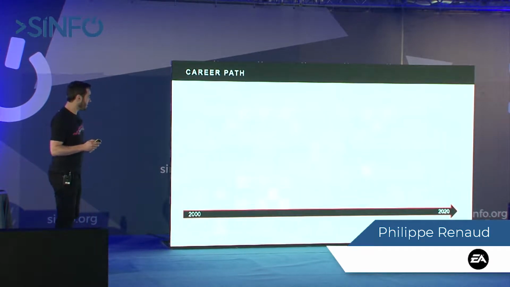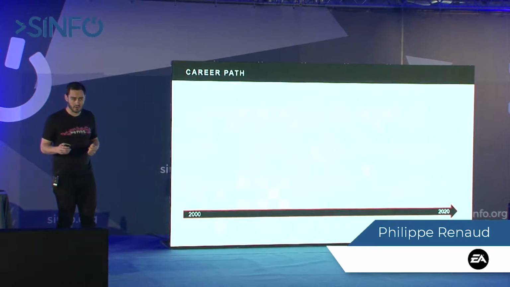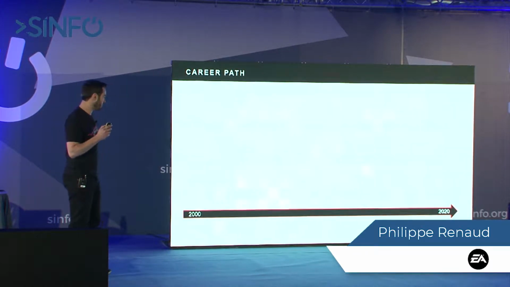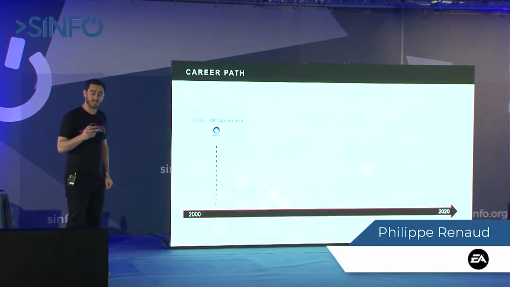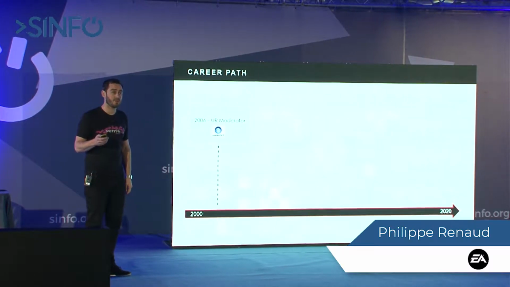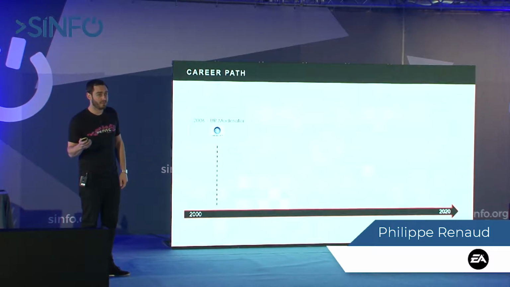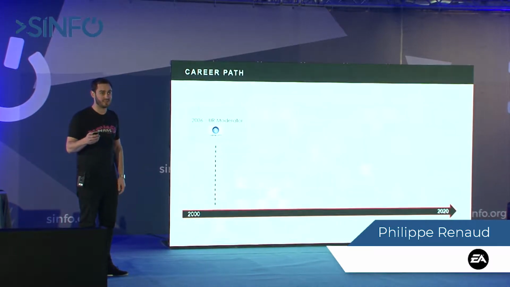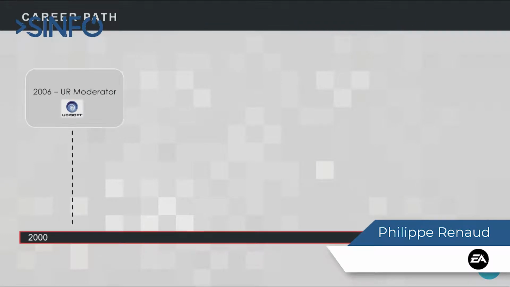That's EA. Me. Why am I here today? Why am I talking to you? I started in 2006 as a user research moderator at Ubisoft. At that time, I didn't even know user research was a field. I didn't even know I would enjoy research. All I saw as a kid was Ubisoft, video games, yeah.